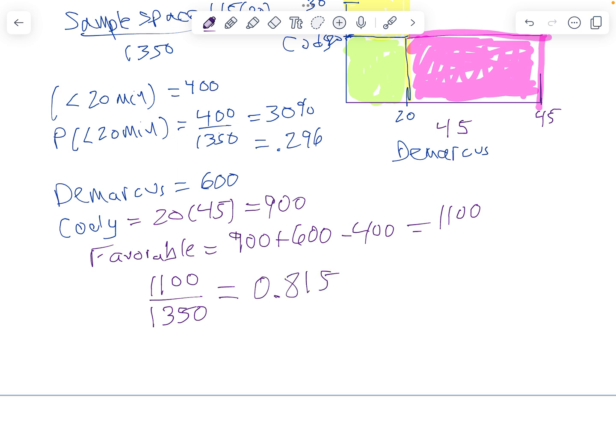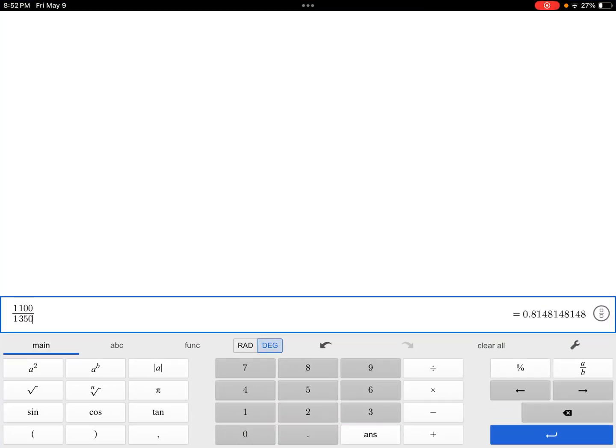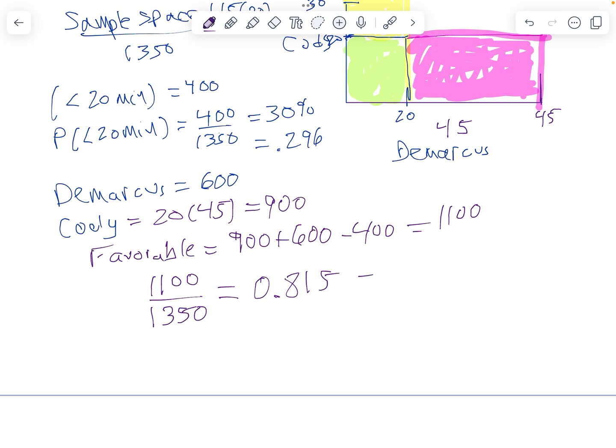Make sure I've rounded right. Yeah, 0.815. So it'd be about 81.5%. So if you show up for a tour, you don't care who you see, you've got a pretty good probability you won't have to wait very long, as long as we do one of those.